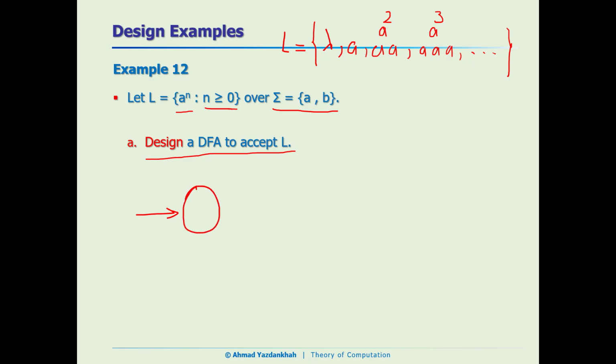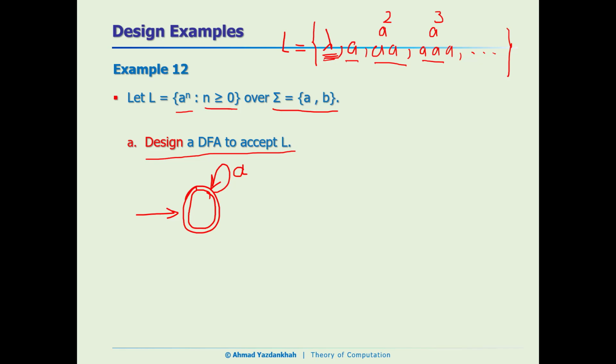We start from the initial state. And since lambda should be accepted, we need to make the initial state an accepting state. And what else? Any number of a's should be accepted too. So can I put a loop here and say, if you see any number of a's, stay here in the initial state and it will be accepted?